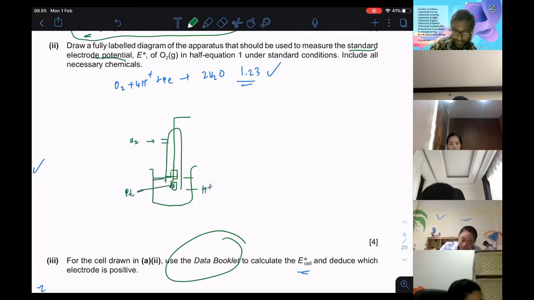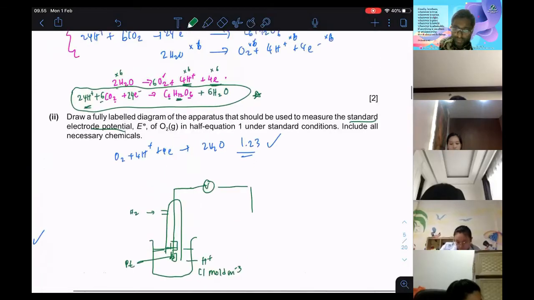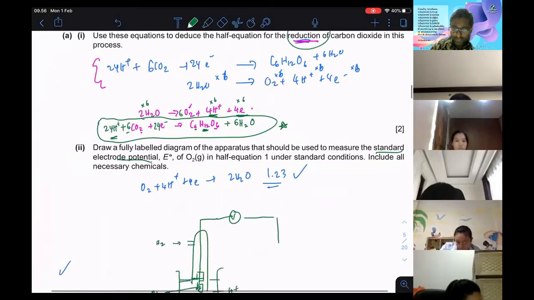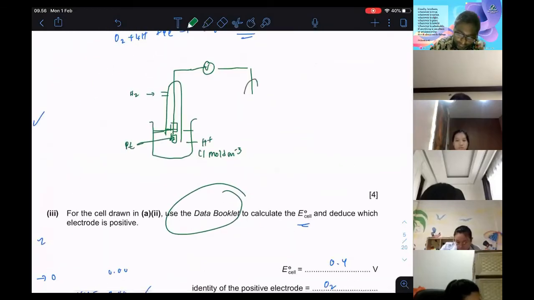So this will be H plus, 1 mole per dm cube. Then a voltmeter to measure. Then again, this is going to be related to half equation 1, so water and oxygen. So you are going to relate to oxygen, so again gas. So you still need another platinum here.